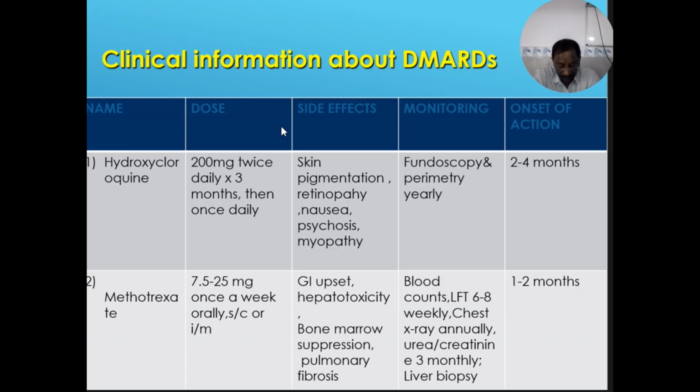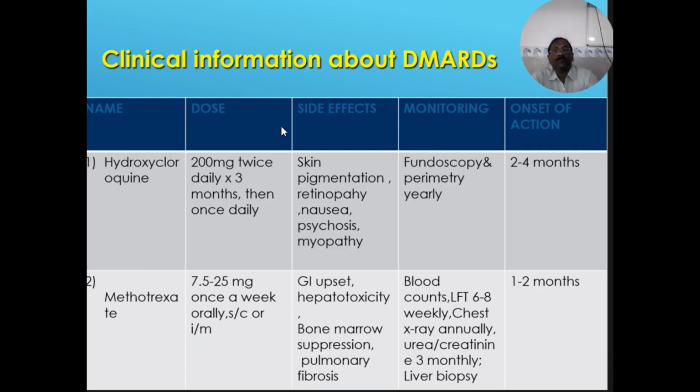Again, what are the side effects? Gastrointestinal upset, hepatotoxicity, bone marrow suppression, and pulmonary fibrosis. That lung is called methotrexate lung. Sometimes it's very difficult to differentiate between interstitial lung disease caused by rheumatoid arthritis or fibrosis caused by methotrexate therapy.